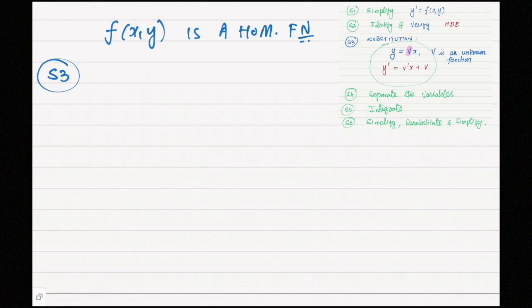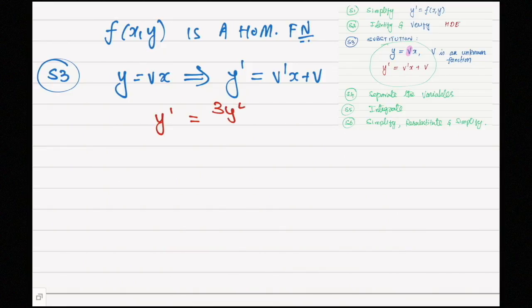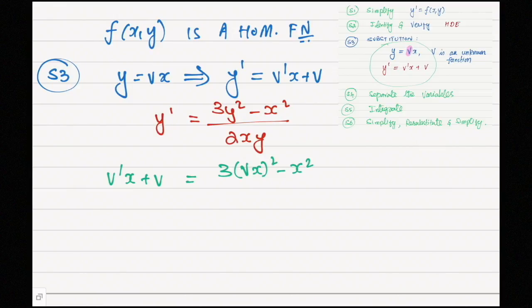What is our step 3? This is a very crucial step. It is the substitution. We are going to substitute y equals vx, which implies y prime equals v prime x plus v. If I plug this back into the differential equation, which was y prime equals 3y squared minus x squared divided by 2xy, you would agree that this is going to be v prime x plus v equals 3 times vx the whole squared minus x squared divided by 2 times x times vx.